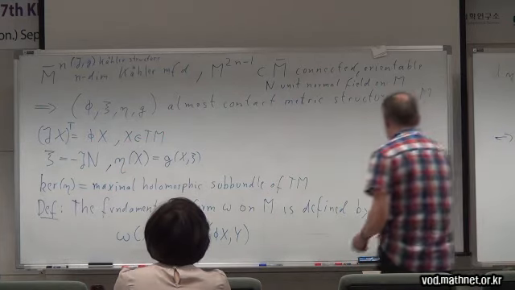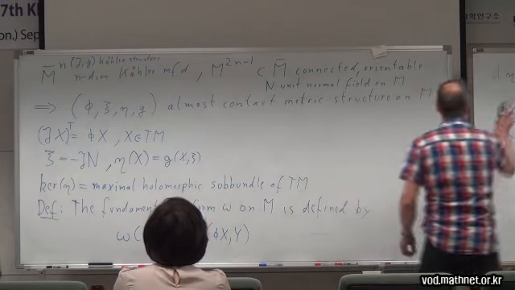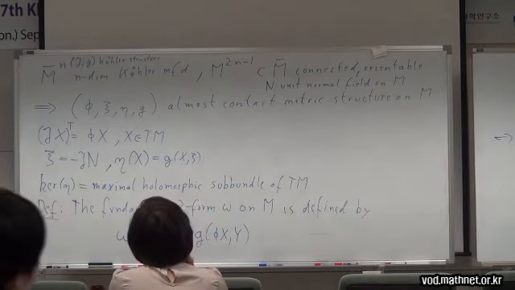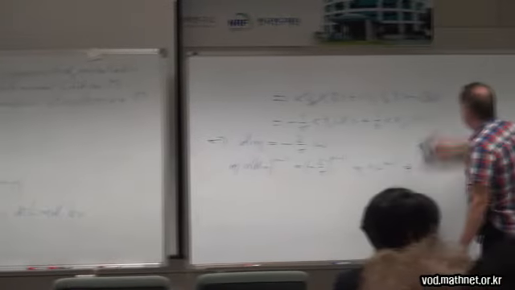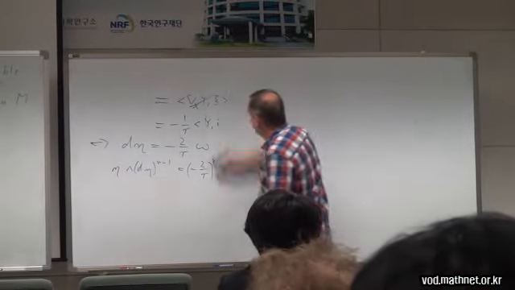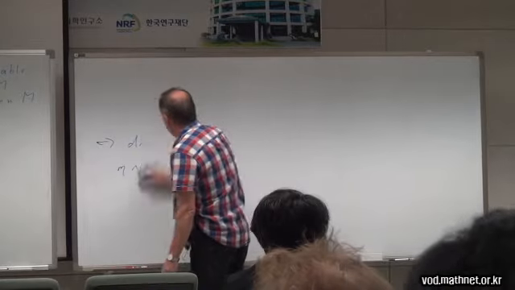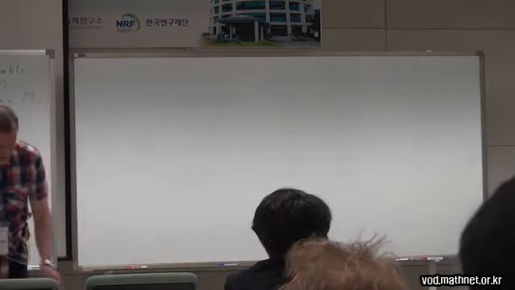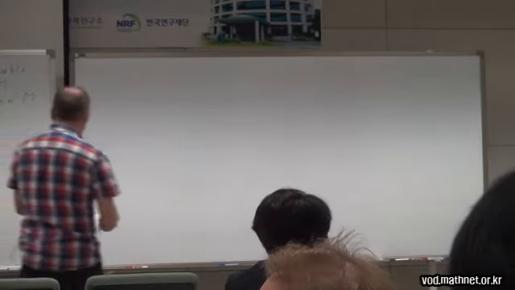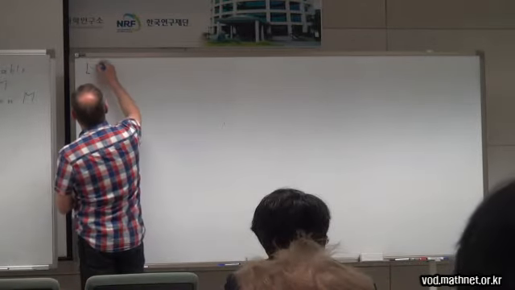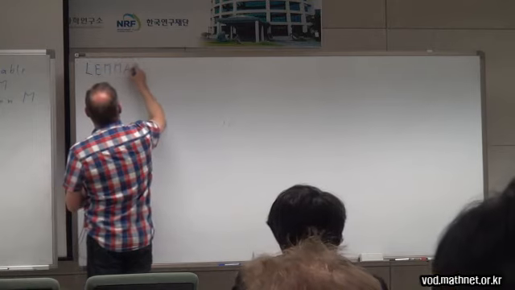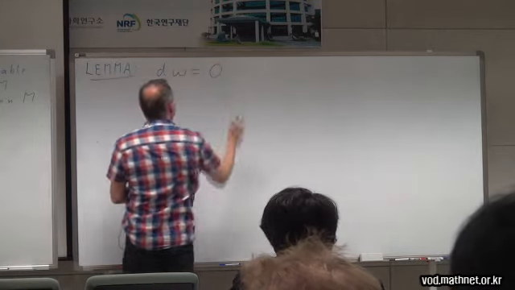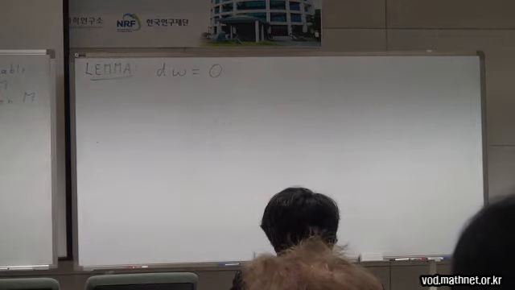And the nice thing about this 2-form is that it is closed. And that's good to know. So that's our first, say, call it a lemma: the fundamental 2-form is closed.